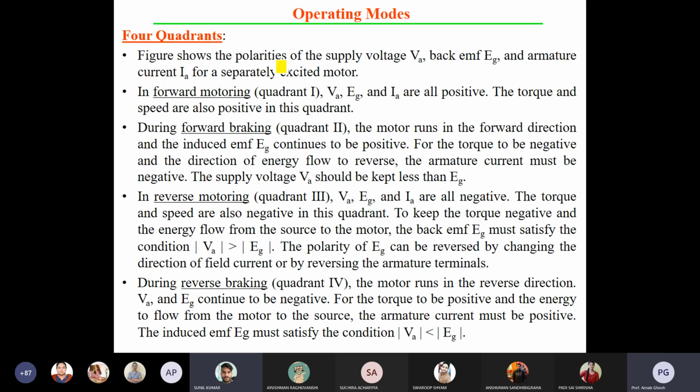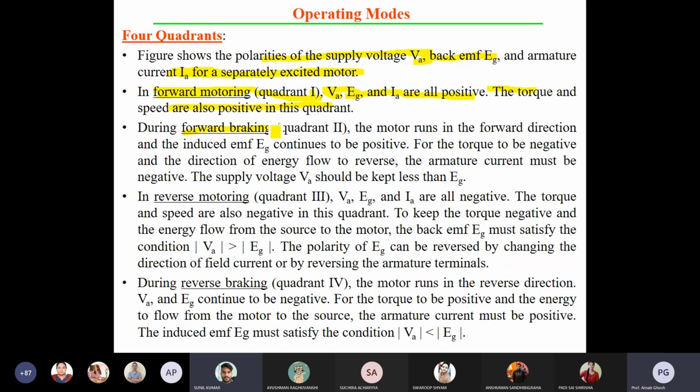The figure shows the polarity of the supply voltage VA, back EMF EG, and the armature current IA for the separately excited motor. In forward motoring conditions, meaning quadrant 1 operation, VA, EG, and IA are all positive. Torque and speed are also positive in this quadrant.